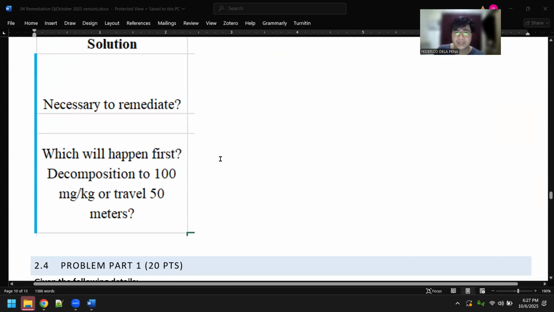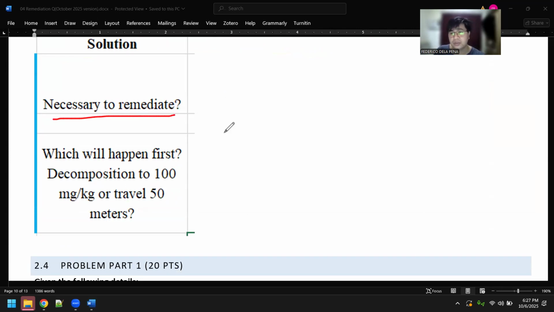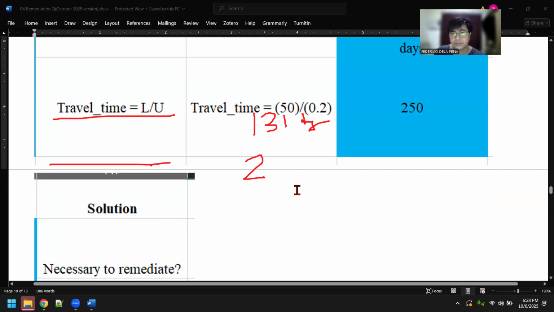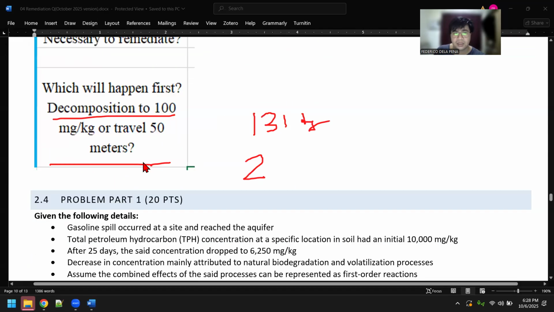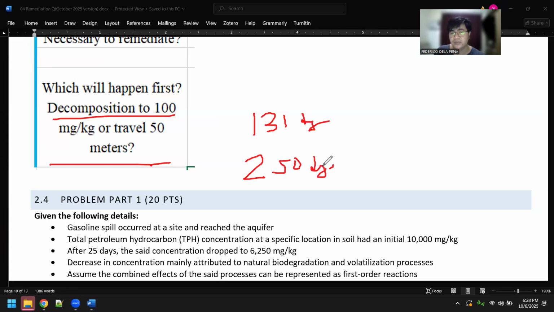Now, we have to answer: is it still necessary to do remediation, assuming that we're only concerned with the river downstream? Okay, to answer that, you simply have to visualize which will happen first. The decomposition to safe levels, which will take 131 days, occurs earlier than the travel of the contaminant downstream, which should take 250 days.